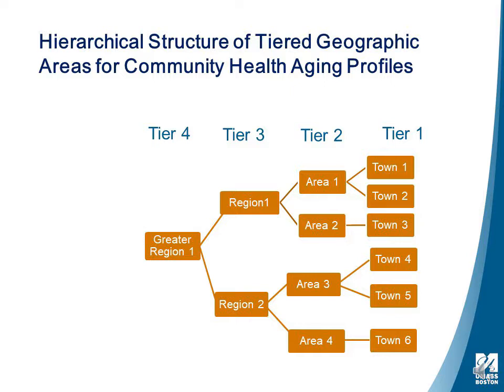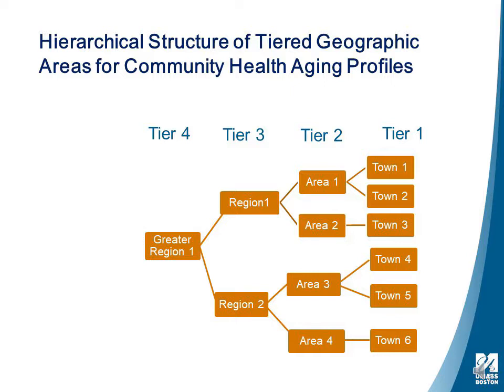Area 2 is made up of town 3. Town 3 was not combined with any other town to form area 2. If one looks at area 3 of tier 2, that's made up of towns 4 and town 5. And likewise, area 4 is identical to town 6. So tier 2 is made up of 4 geographic areas.